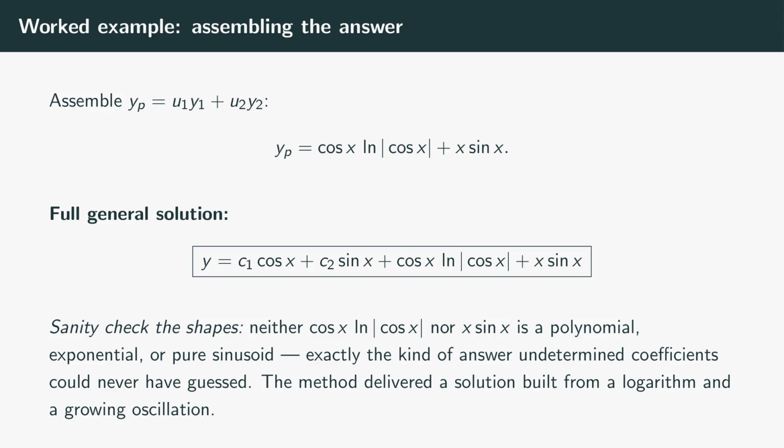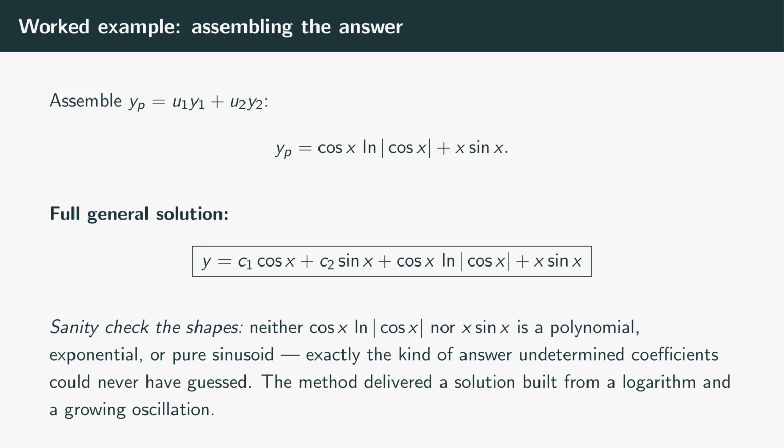Now assemble the particular solution. It is u1 times y1 plus u2 times y2, which is cosine x times the natural log of the absolute value of cosine x plus x times sine x. So the full general solution is the homogeneous part, c1 cosine x plus c2 sine x, added to that particular solution, cosine x times the log of the absolute value of cosine x plus x sine x.